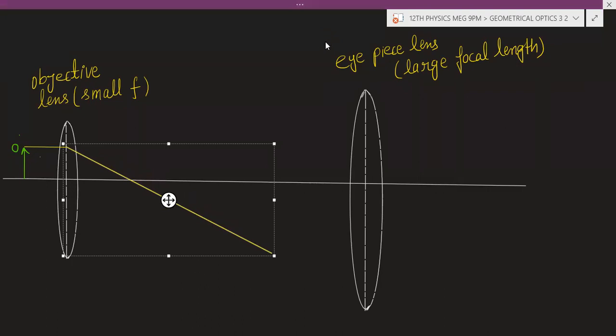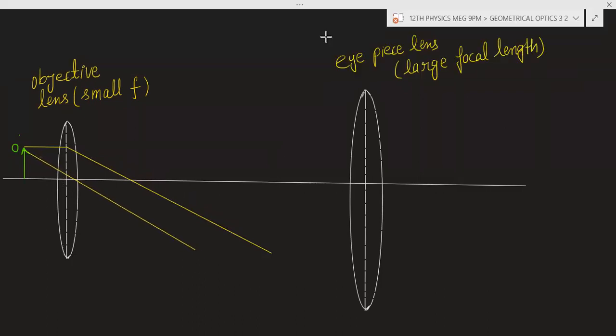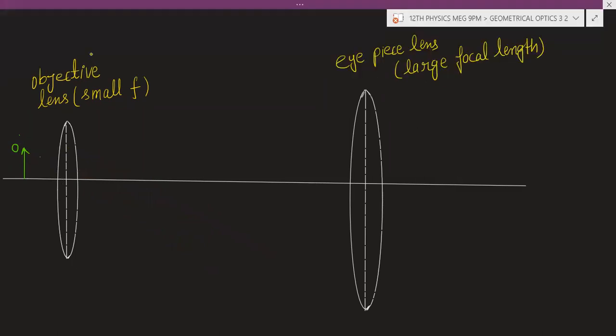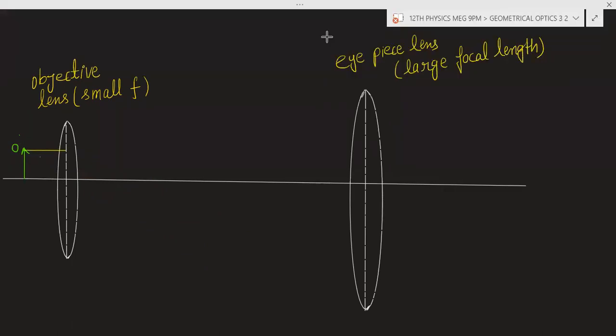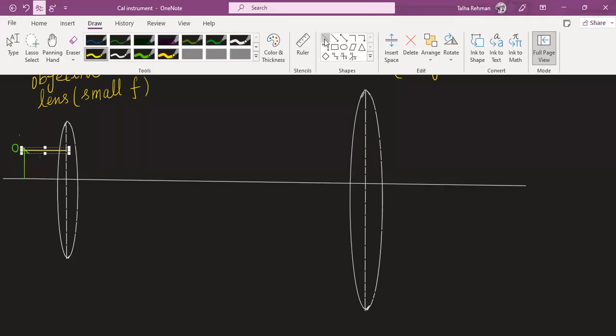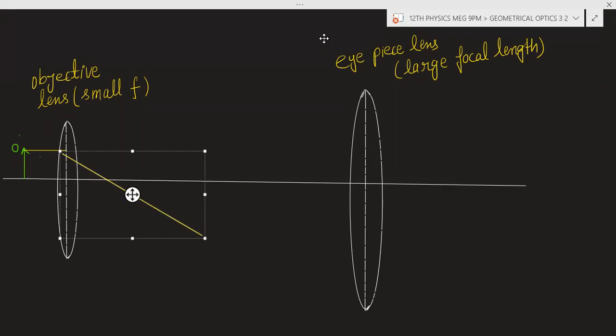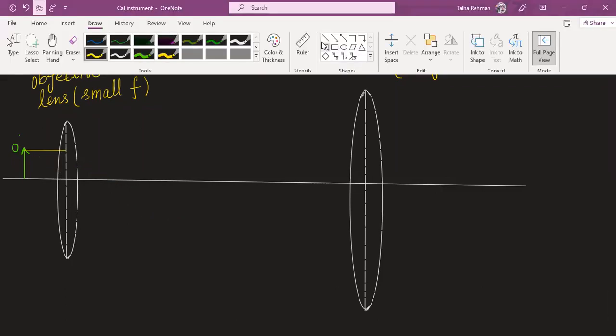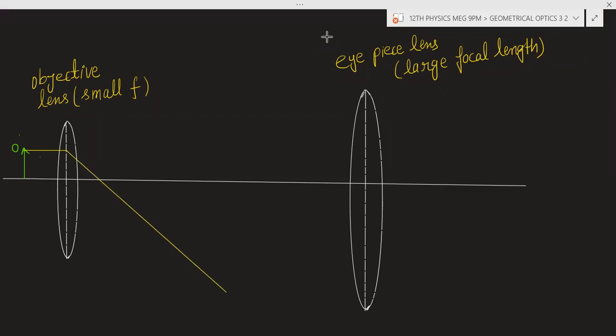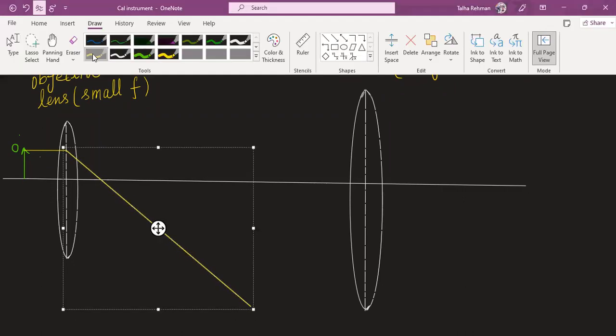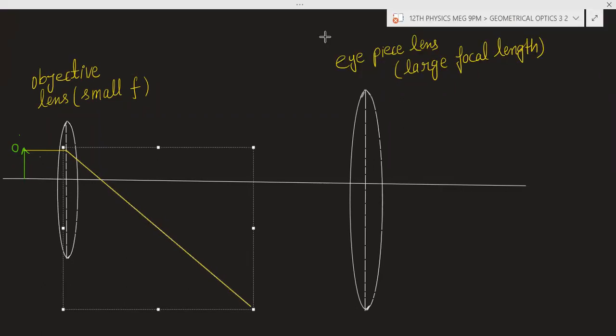And another ray from the object will pass through the optical center, like this.